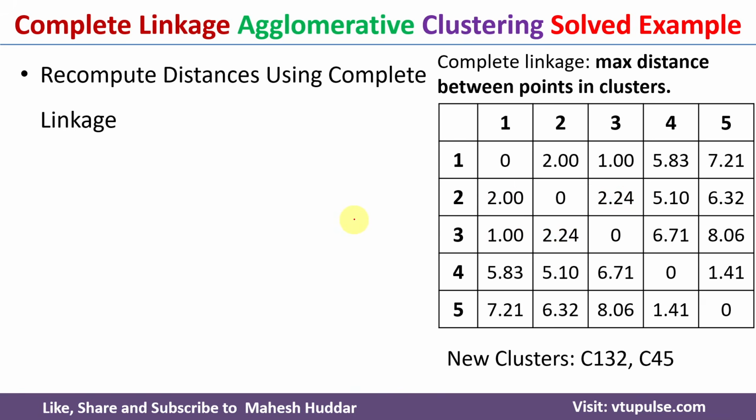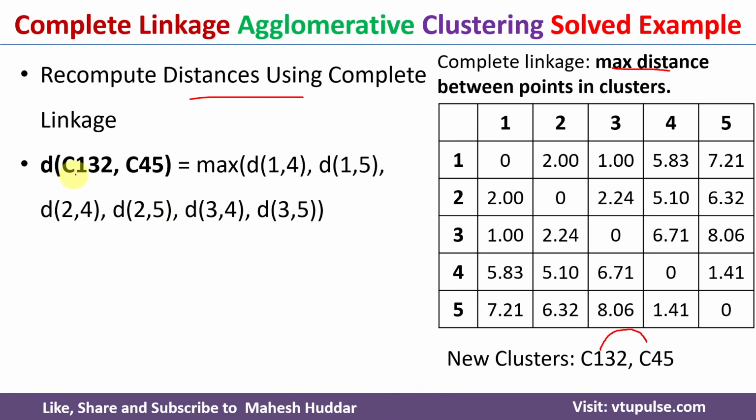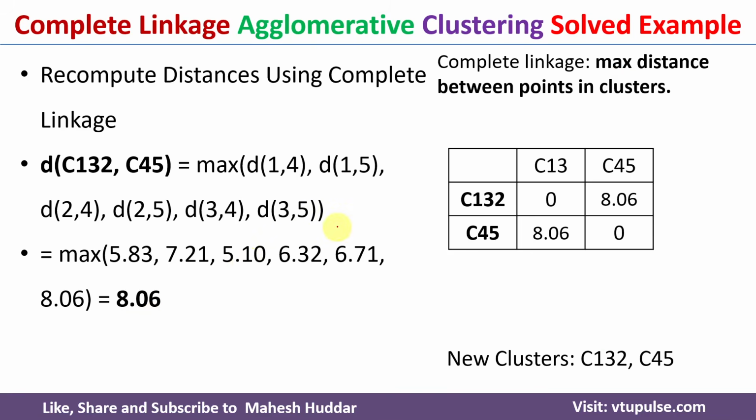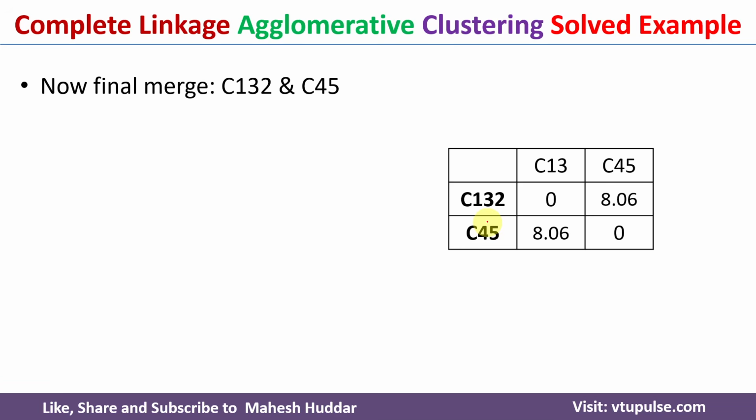After that, we again recalculate the distance using complete linkage between the clusters C132 and C45. In complete linkage, the distance between two clusters is the maximum distance between the points. Here we can see that the distance between clusters C132 and C45 is equal to 8.06. After that, we update the table. Once you update the table, we have only two clusters. So we merge these two clusters with a merging cost of 8.06.